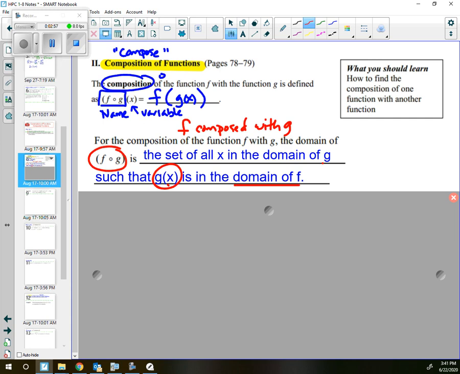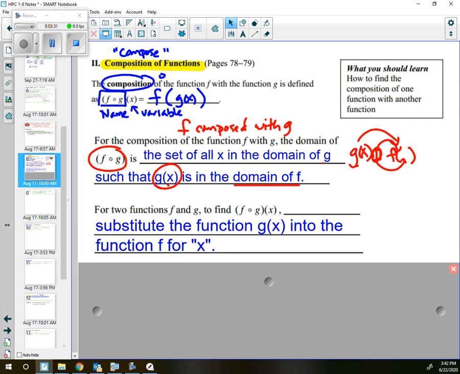So think of it like you're going to take this function g and you're going to do g of x, and whatever those numbers are, you're going to put it into the function f. When you plug that output in, it has to make that function a real number answer. So it's got to work in g, and then once you substitute that number into g, the output of g of x has got to work in the domain of f. So it's got to work in both.